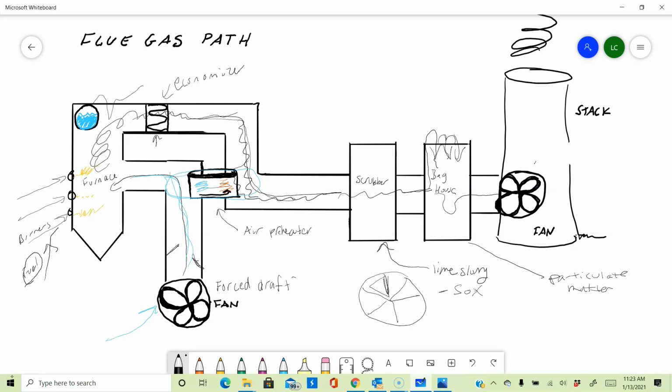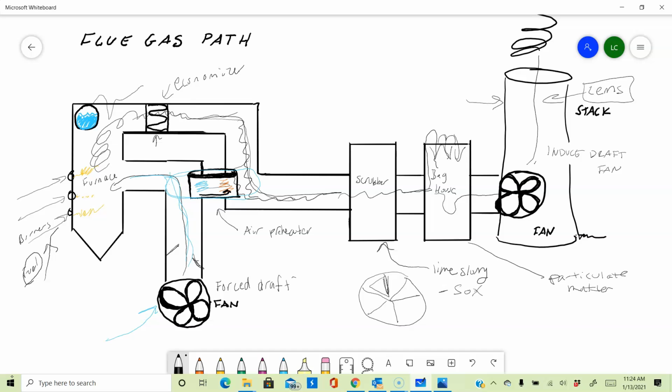So then it'll come out, and then it'll go through your induced draft fan, if it has one, and then it'll go out your stack, and there might be some CEMS equipment here, to help tell you what your stack chemicals are, and if you're environmentally friendly or not. That's what's going to tell you what's going on there. We're going to talk about that as well in this class.